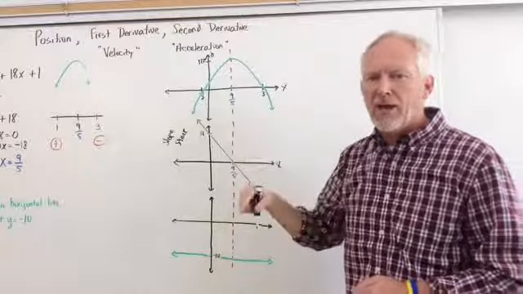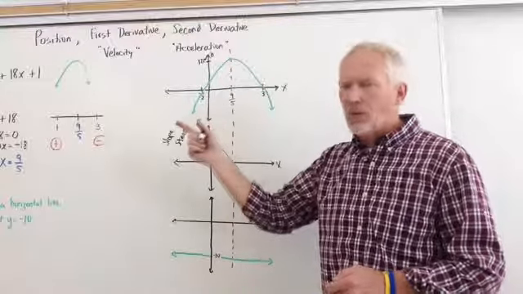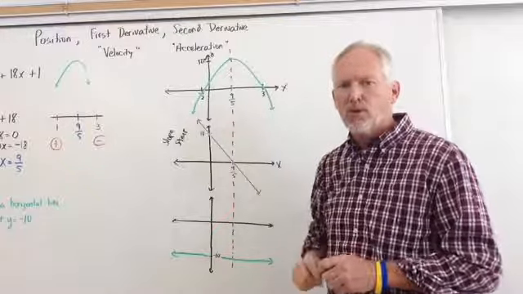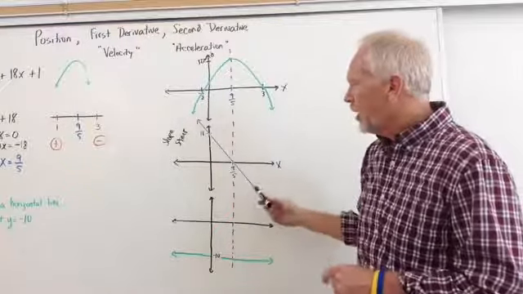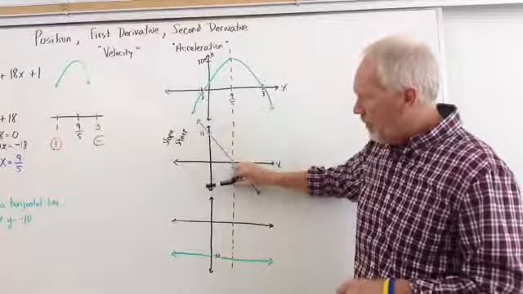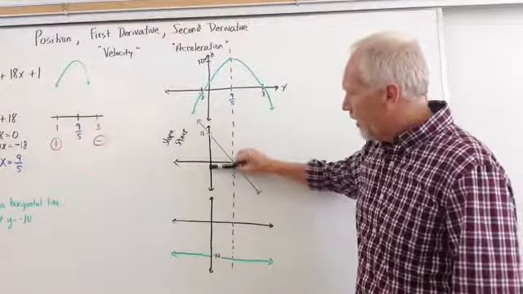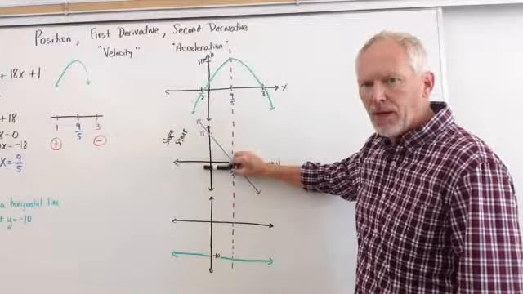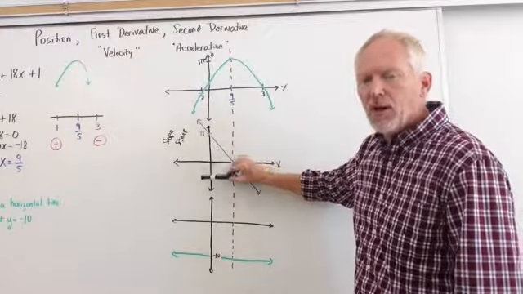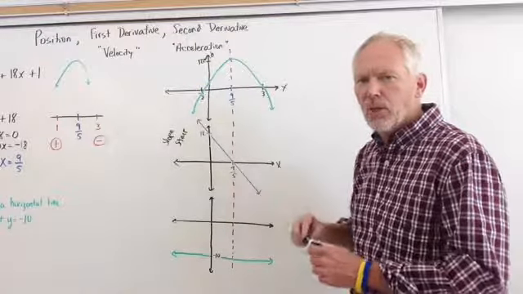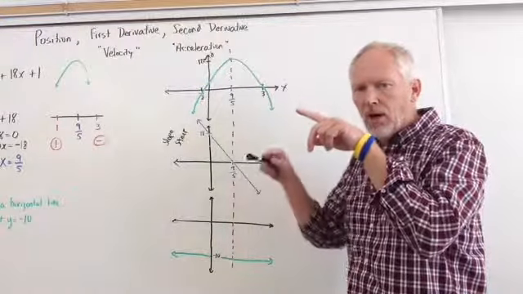If I plug an x value into the first derivative, it will give me a positive or negative value of a slope. So again, this is position, this is velocity. If I'm at a negative low number like negative 1, negative 2, negative 3, those are very low slopes. Think about a slope of negative 1: over 1, down 1.